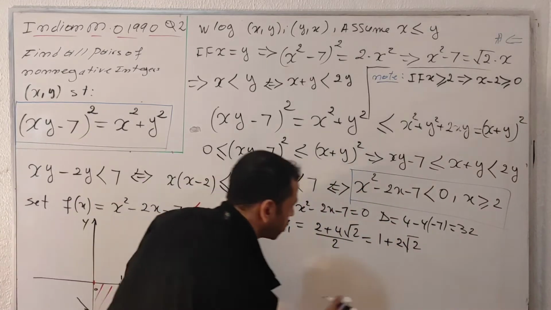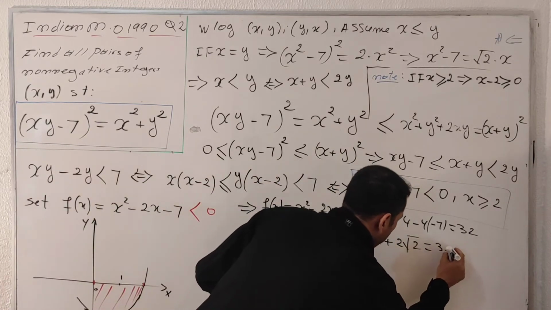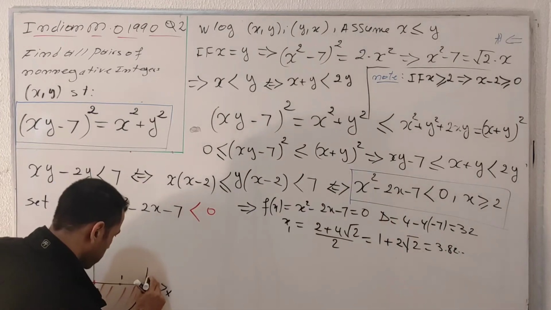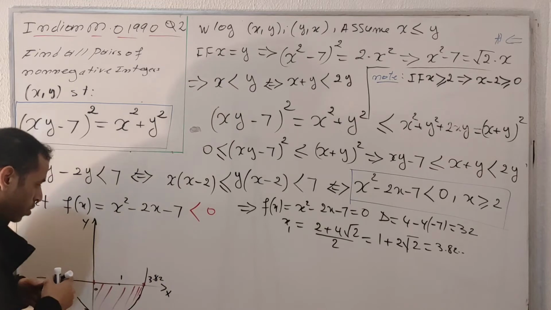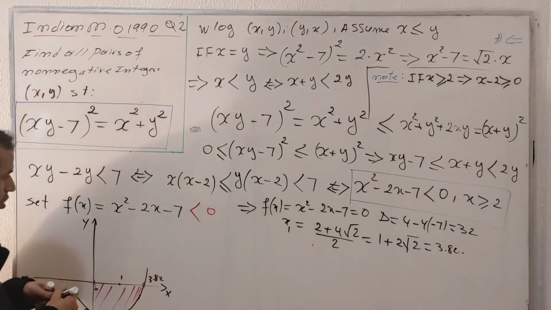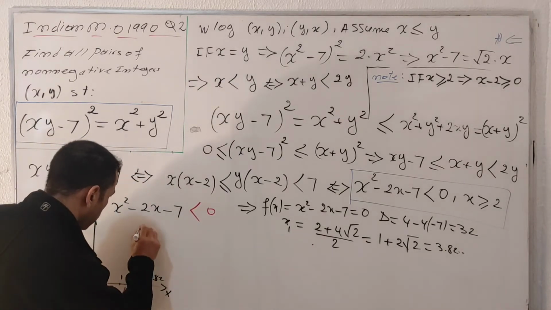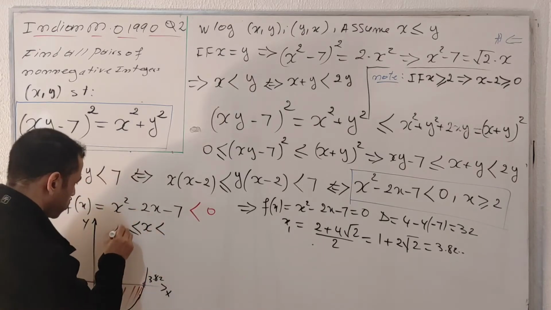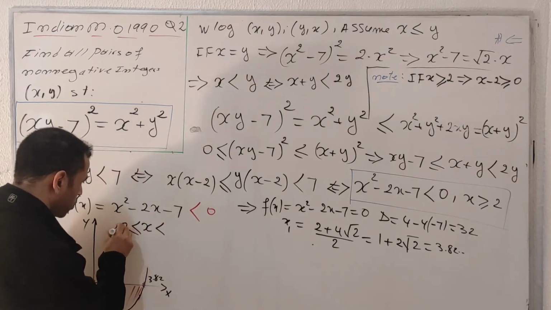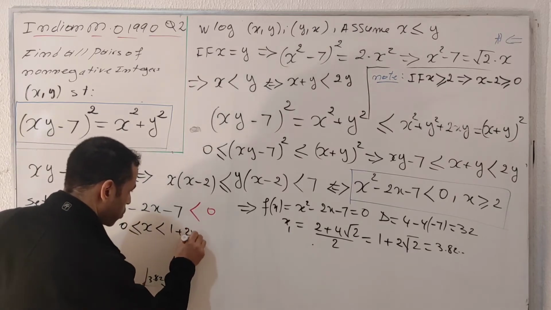If we calculate this, it gives us about 3.82. So the solution of this inequality on this interval is x from 0 to 1 plus 2 square root of 2.